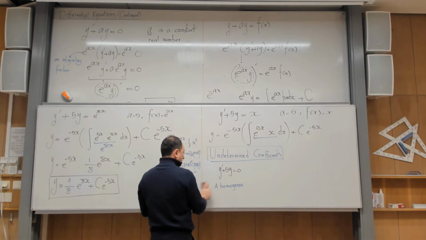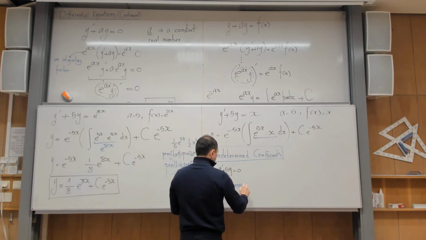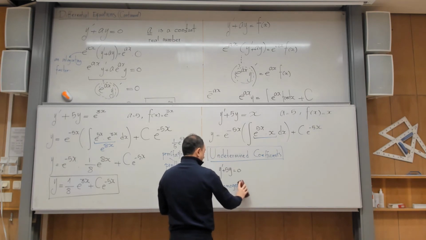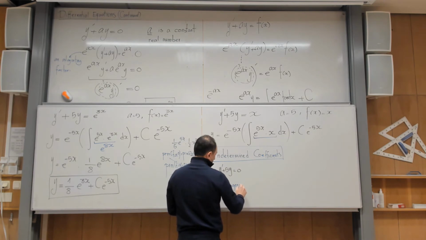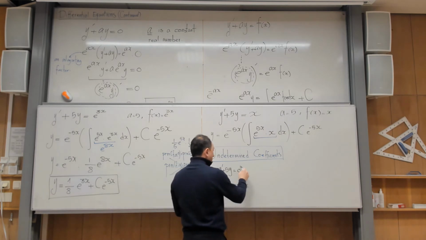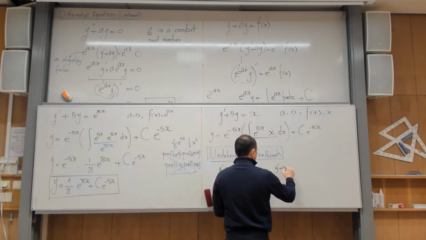Let me just write homogeneous just to know the word. And if you have something except 0 on the right, that is called non-homogeneous.